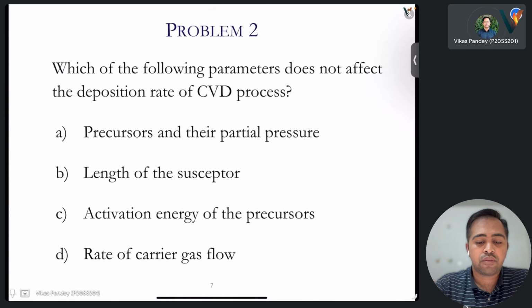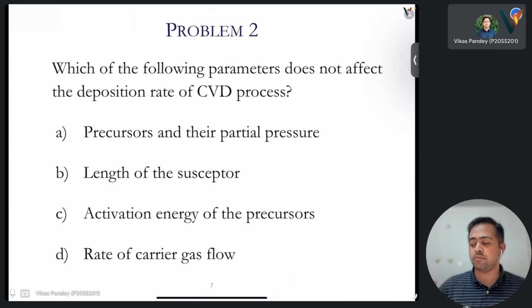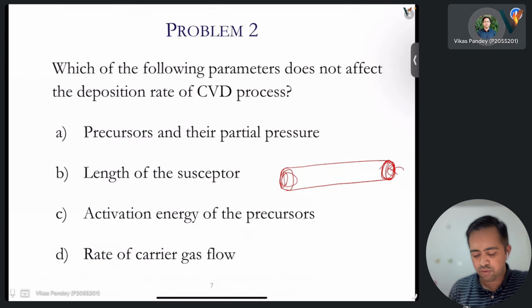Okay, so if we remember how a CVD looks: in general, we have a quartz tube that is closed from both sides, and gas will flow in and out of it.